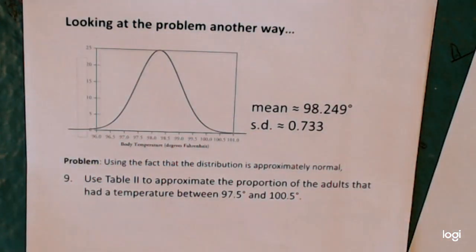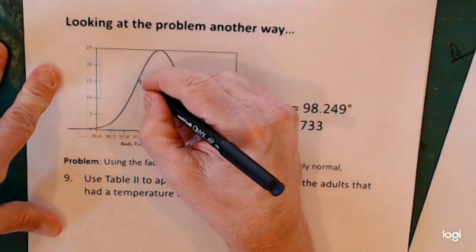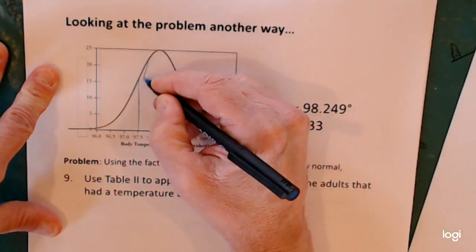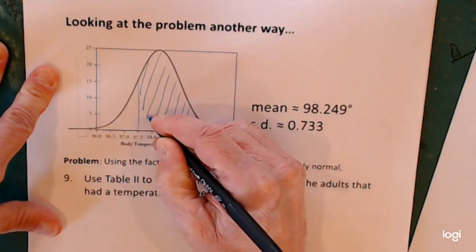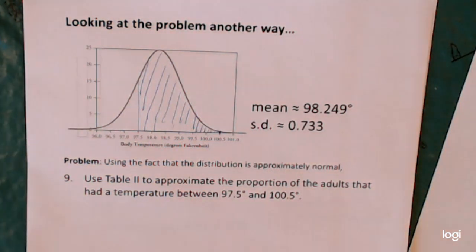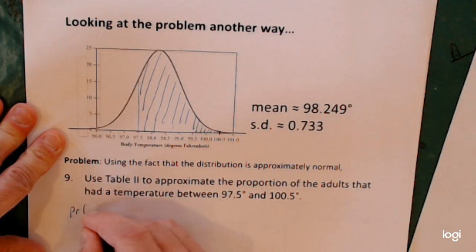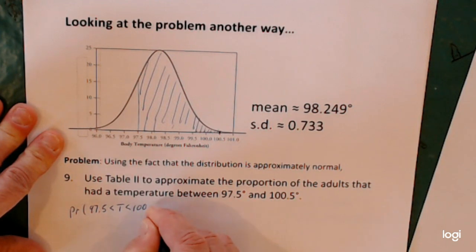So it asks us to approximate the proportion of the adults that had body temperatures between 97.5 and 100.5 degrees. Okay, so let's see. So I'm going to shade that region. Okay, so we want to find the proportion of observations that are between 97.5 and 100.5 degrees.